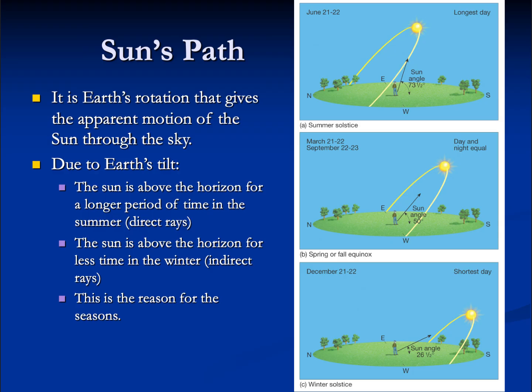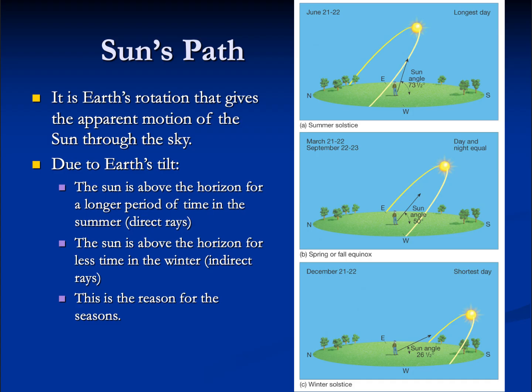Due to Earth's tilt, the sun's path across the sky varies over the course of the year. This is why the length of a day changes over the course of a year. Have you ever noticed that in the summer, it gets light out really early in the morning, but also stays light well into the evening? Whereas in the winter, the sun comes up later and sets earlier?